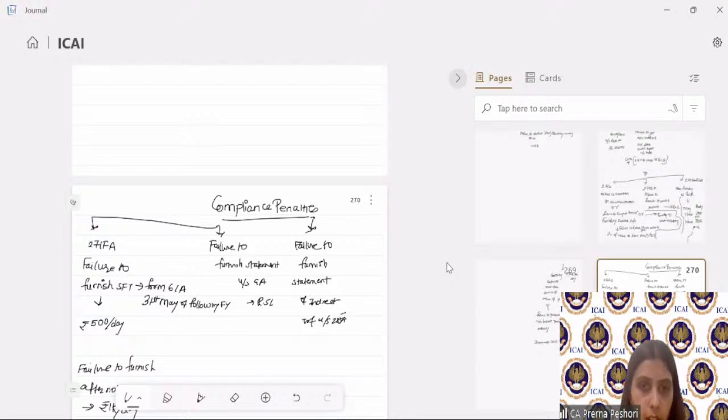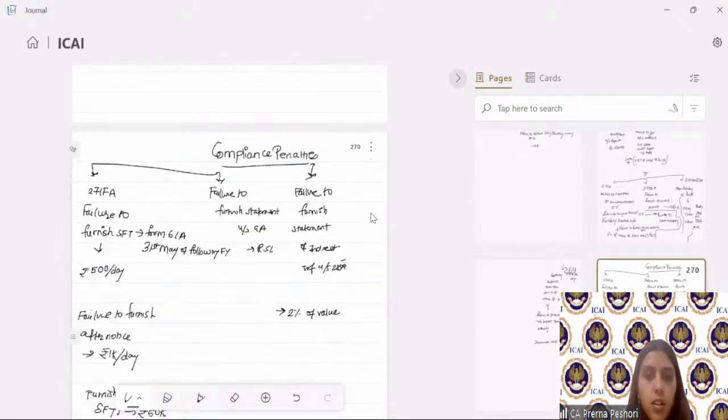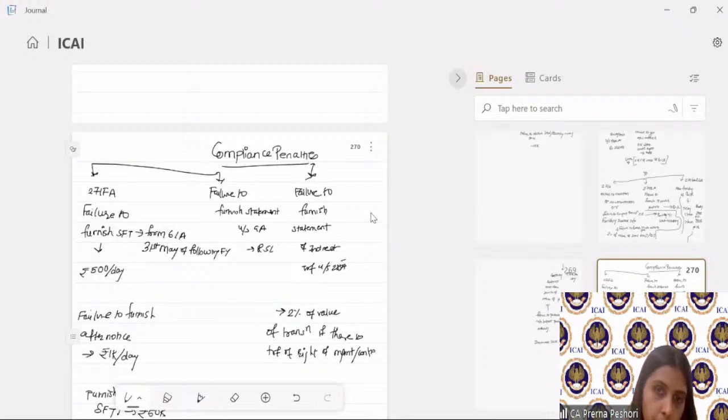So there are two penalties basically. One is 2% of the value of transaction, if the transaction has the result of transferring the right of management, that is, if there is transfer of right of management or control.